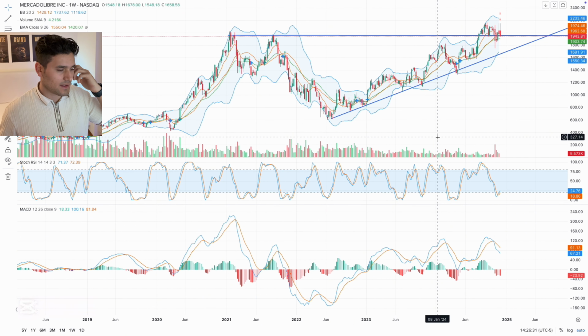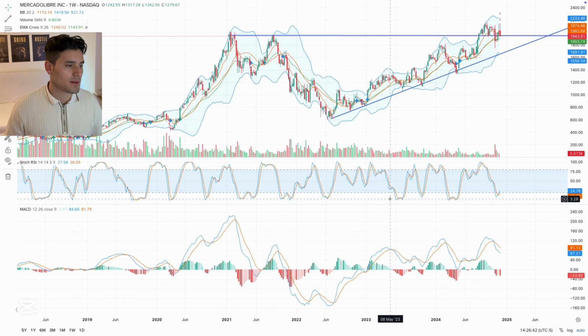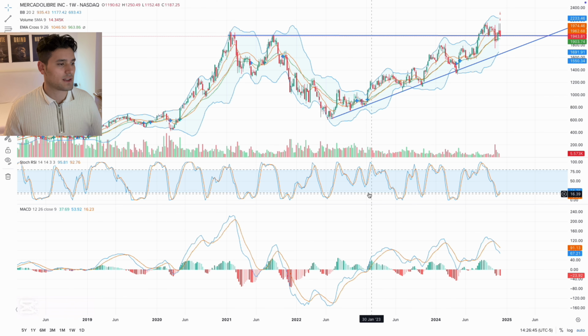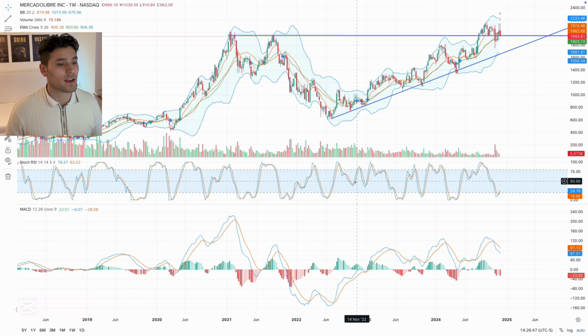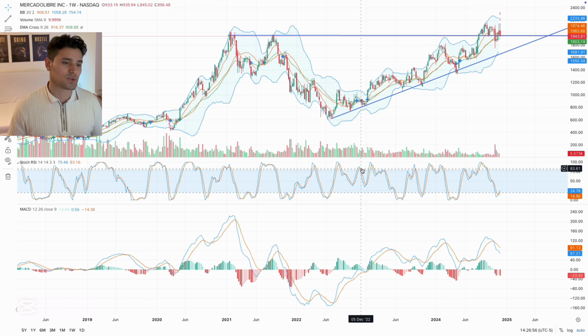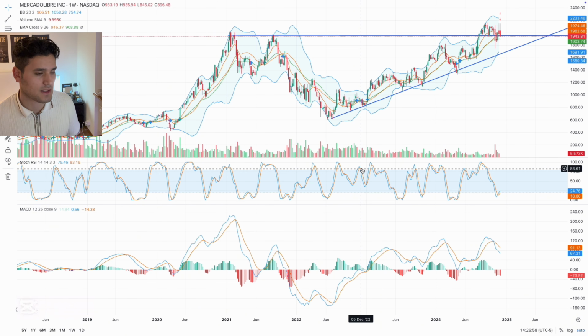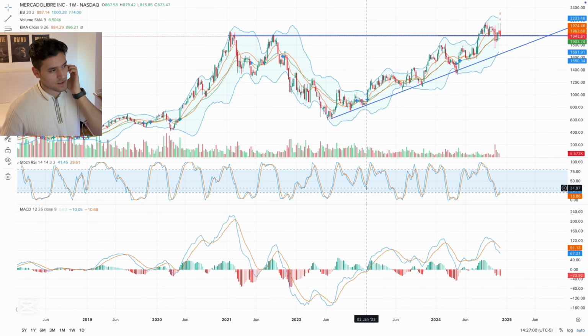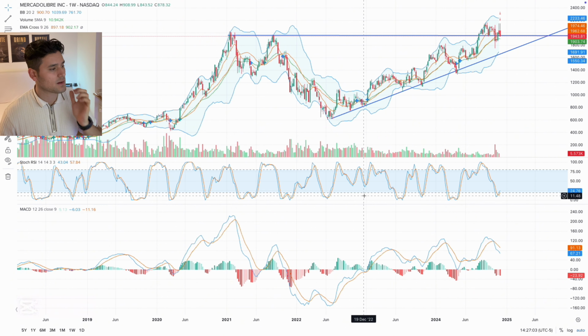So looking at the stochastic RSI, which is basically a force indicator of the market, in which we can basically rely by the fact that whenever it's below this blue line, there is a tendency to be oversold, and when it's above this blue line, there is a tendency to be overbought, right?